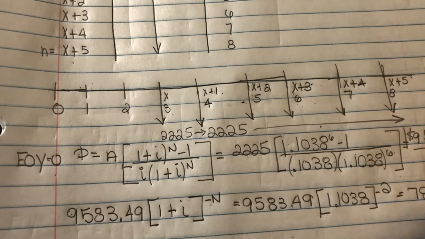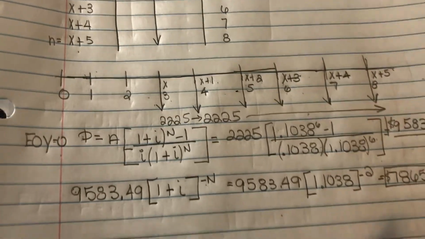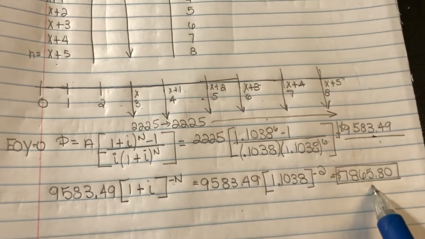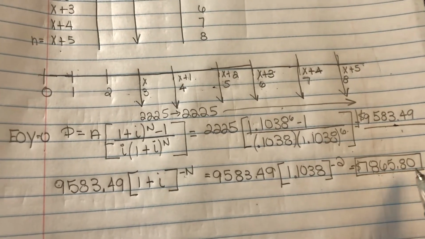So that value at 0 is actually $7,865.80.